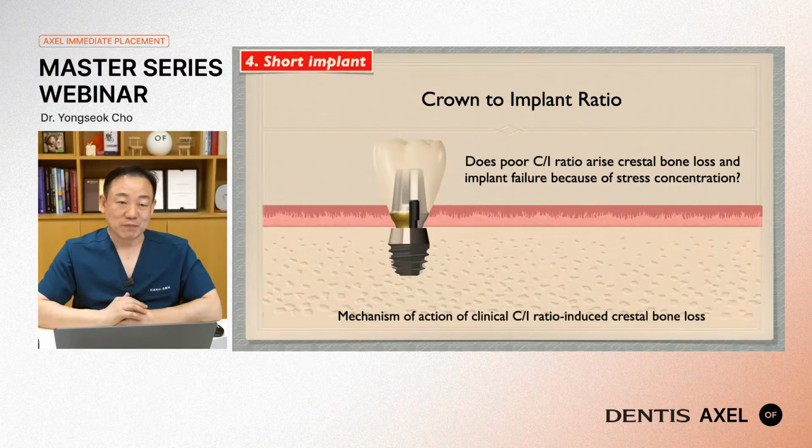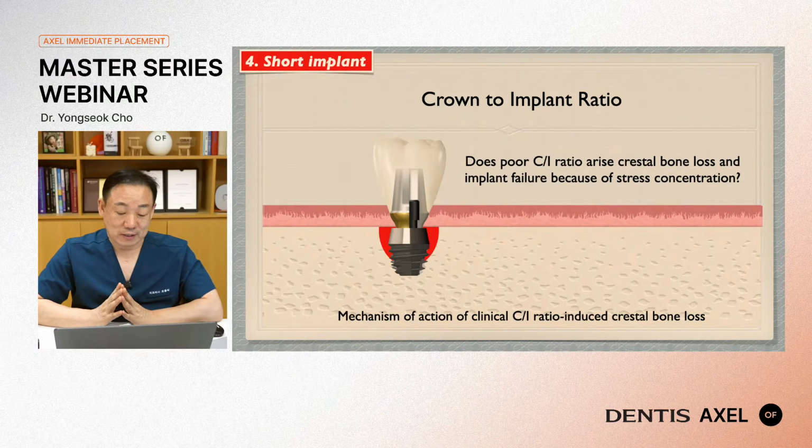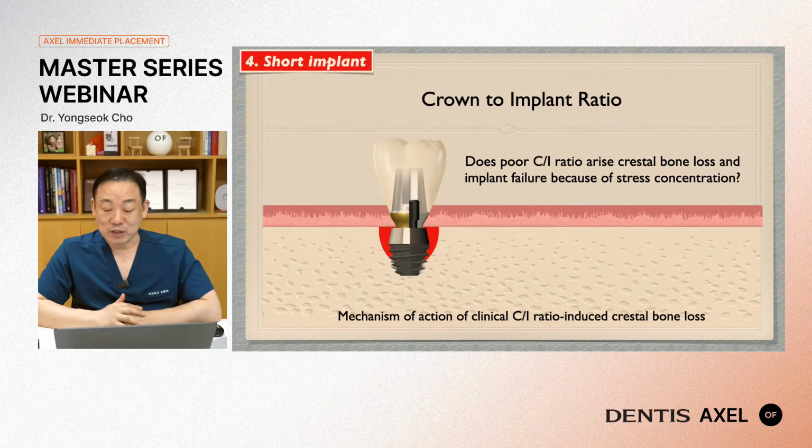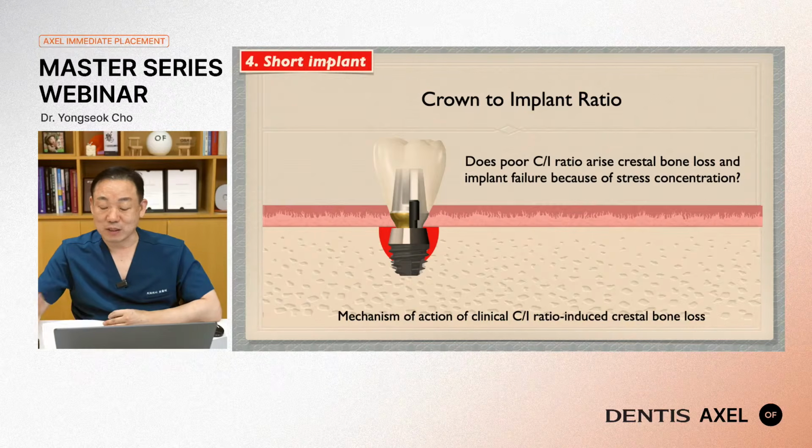Some dentists are skeptical about short implant because when we use a short implant, the crown to implant ratio inevitably increases, and many dentists therefore have a concern about their long-term prognosis. However, this concern often arises from applying the biomechanical principle of the natural tooth directly to implant without fully recognizing the difference between them.